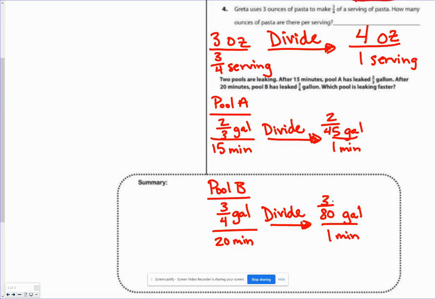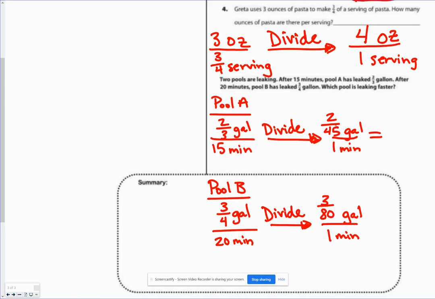Why aren't these nice? Well, we need to compare which one is leaking faster. Okay, we can't tell that without a common denominator. So the easiest way to change these is to change them to a decimal. And how do you change 2/45 to a decimal? Well, there's a little button on your calculator with arrows that are right above the equal sign.